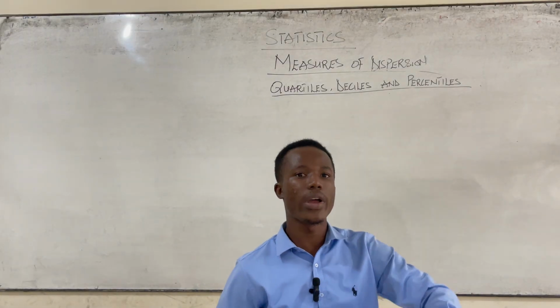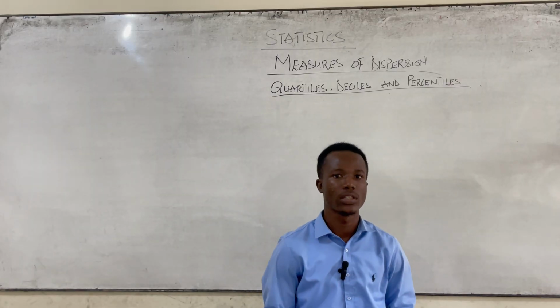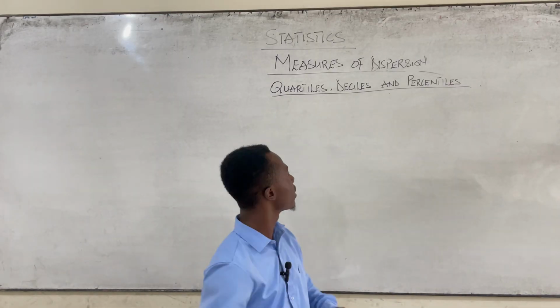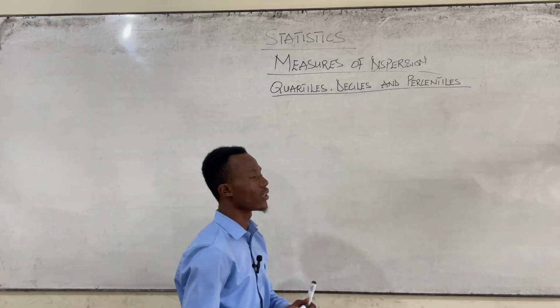Do you get it? And we have already looked at the formula when we were talking about measures of central tendency, measures of location and central tendency, that is median, right?